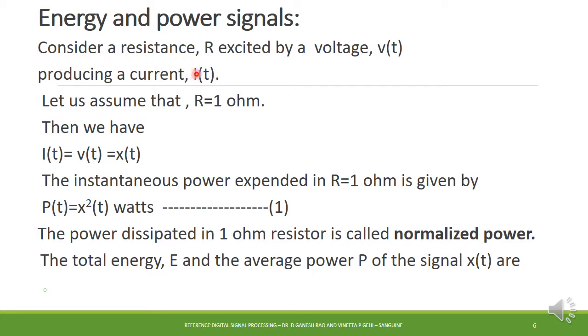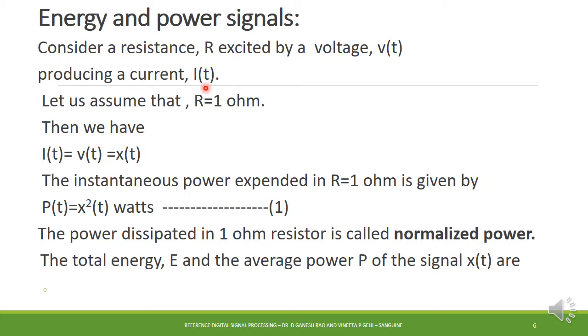Let us say R is the resistance, and if it is excited by the voltage, we are going to call it V of t. Let us consider the resistance R excited by the voltage V of t, and when it is excited by the voltage, it is going to produce the current I of t.